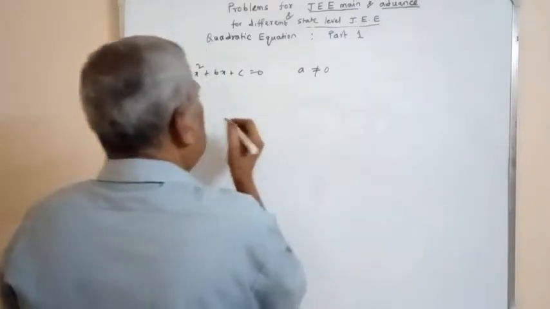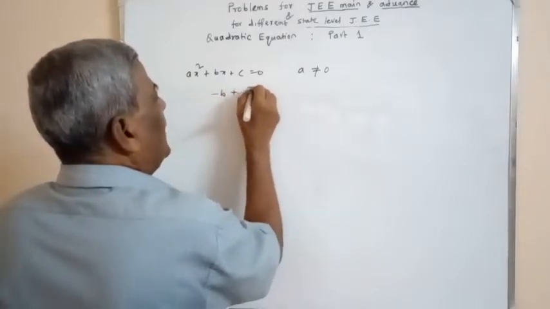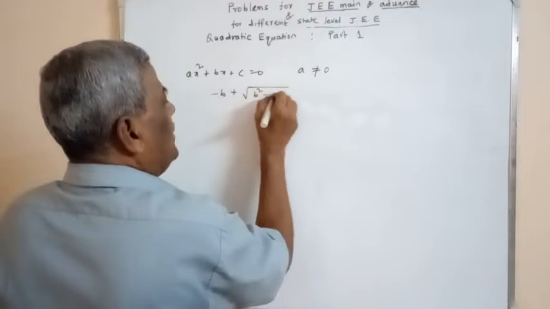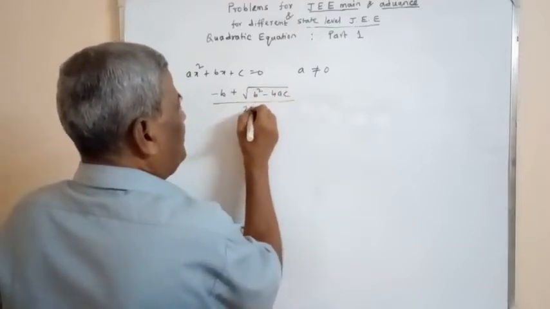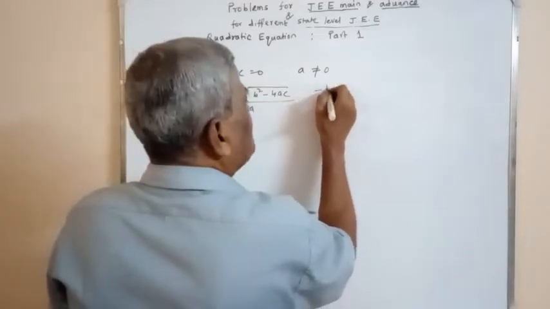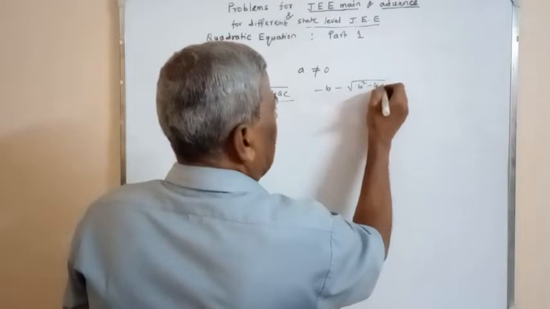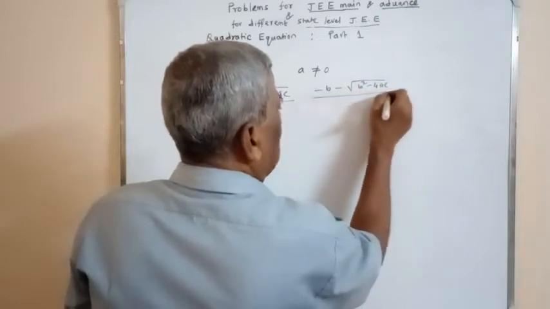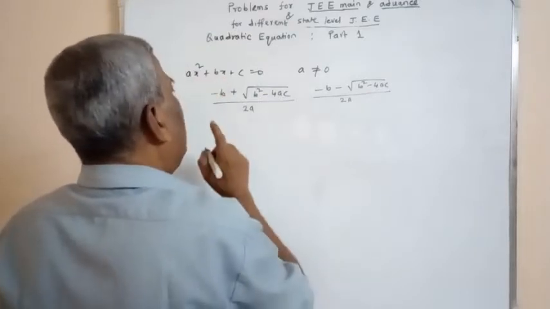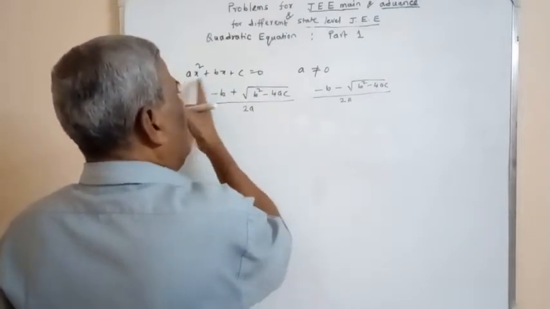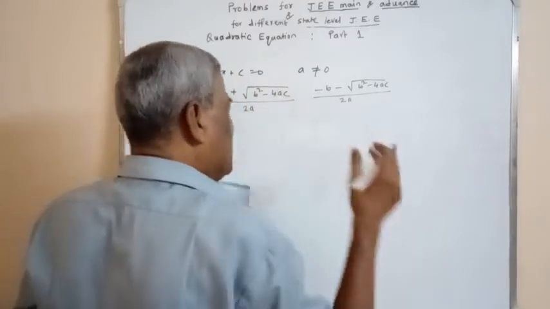Here, its roots are minus b plus root over b square minus 4ac by 2a and minus b minus root over b square minus 4ac divided by 2a. These are the two roots of this equation, for different values of a, b, c. So actually the values of the roots will change.